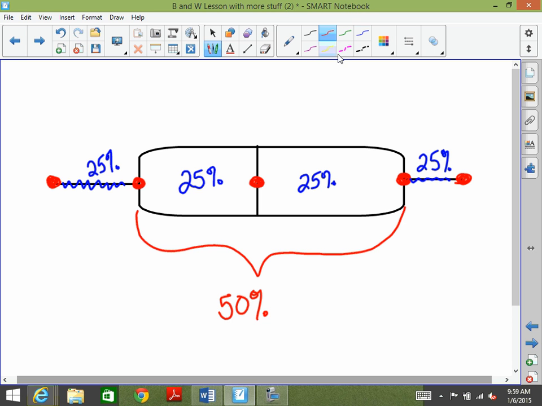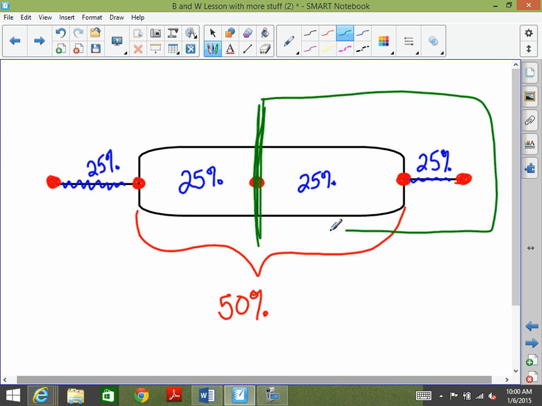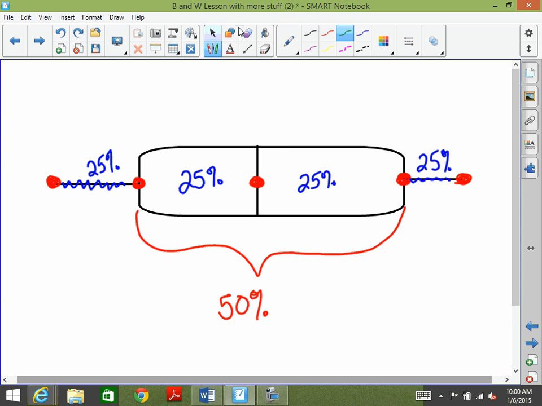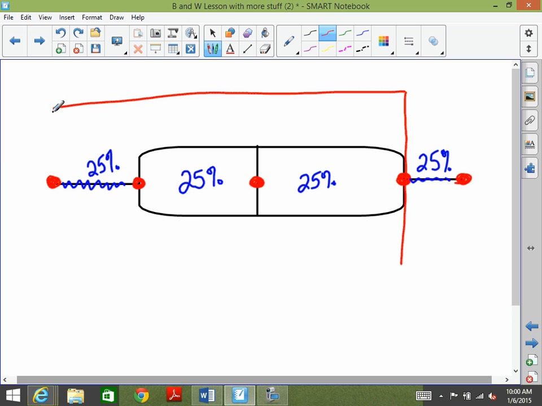What if I go from the median, the second quartile, all the way to our maximum? What would that percent be? 50%. What if I go from the upper quartile all the way over to the minimum, 75%? Those are some of the things we're going to do today.